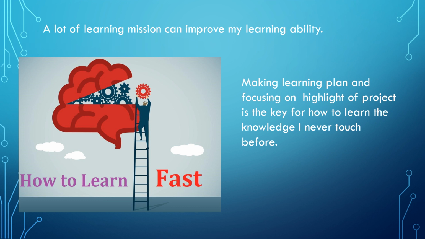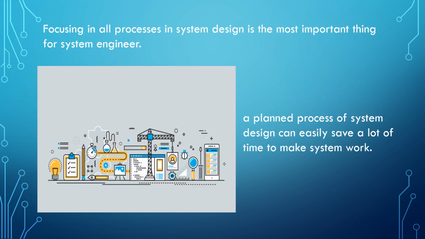So how to learn fast is the important thing I learned from the course. Making the learning plan and focusing on the highlights of the project is the key for this one. Last one is focusing on all processes in system design, the most important thing for system engineers.